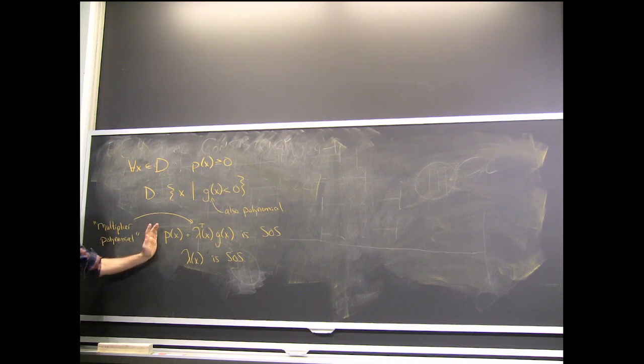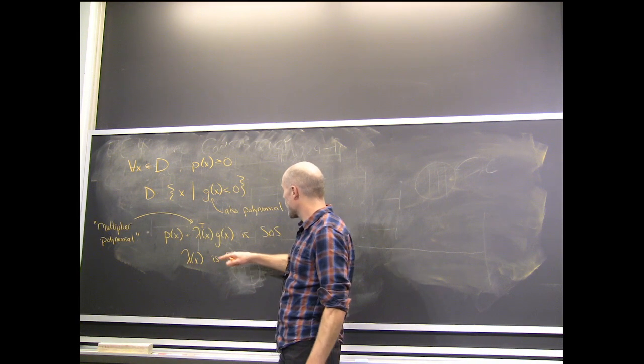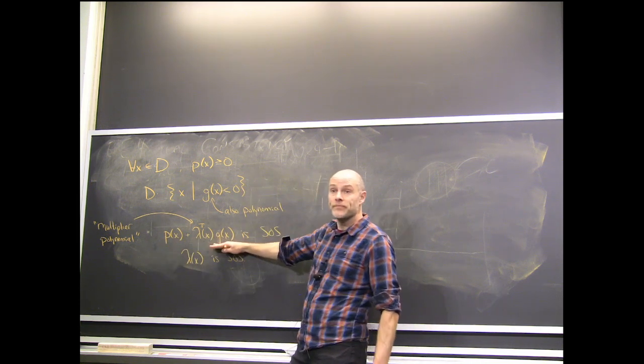Now it's actually not that hard to see, but make sure I got all my signs right. Okay, so my goal is to make this whole thing sums of squares.